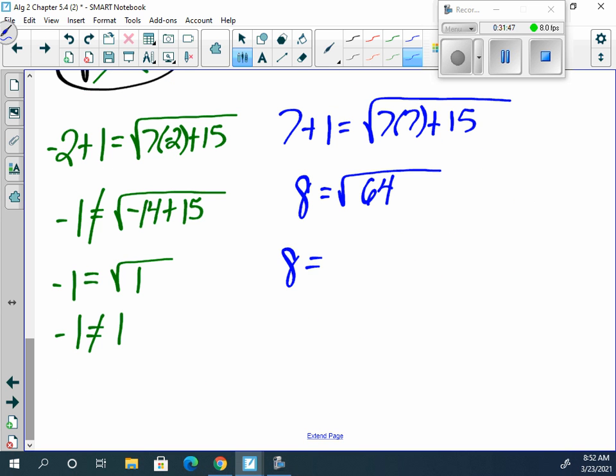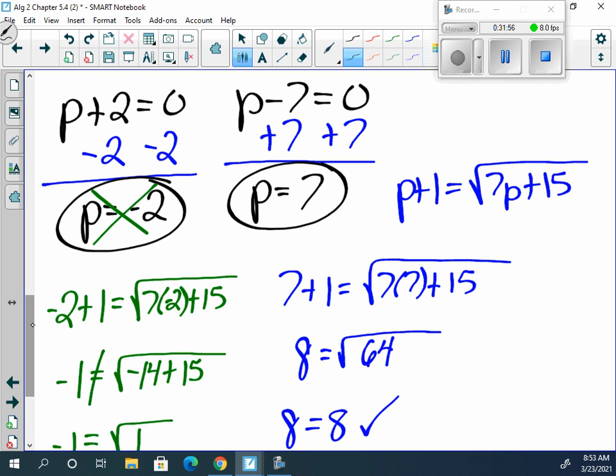And the square root of 64 would be 8. Okay. So that works. So that means for this here, the value of p, that is our solution, is 7. -2 would be an extraneous solution. It does not work.